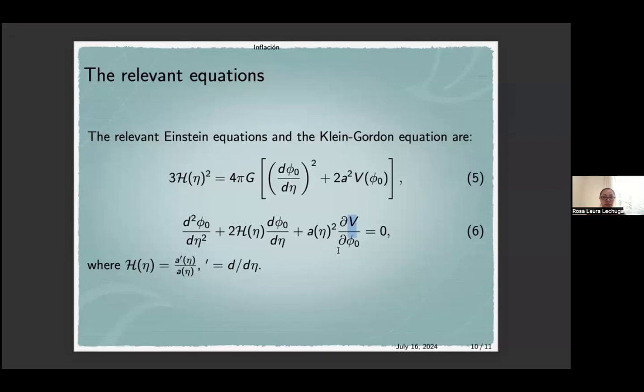And then we're going to jump to explain the structure, because there are two important features: the expansion and the account for the structure. So tomorrow I'm going to show you how the zero mode of the inflation field is responsible for the expansion.